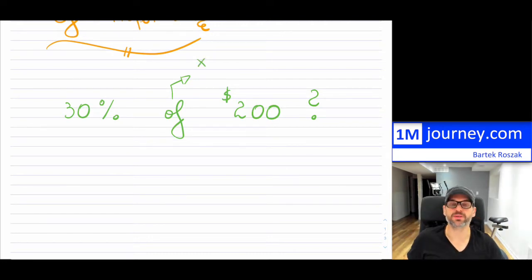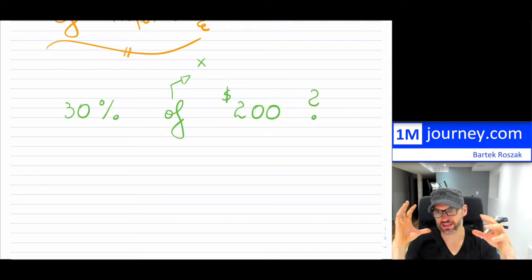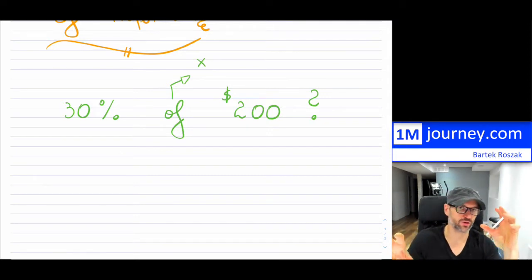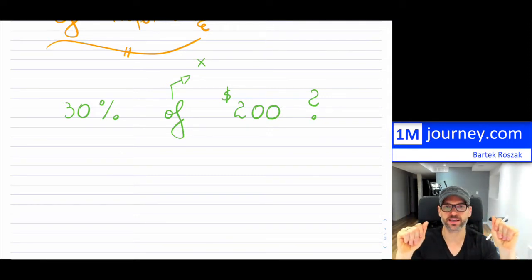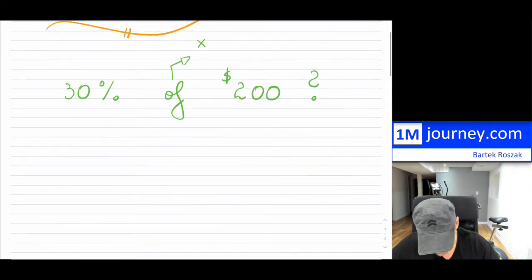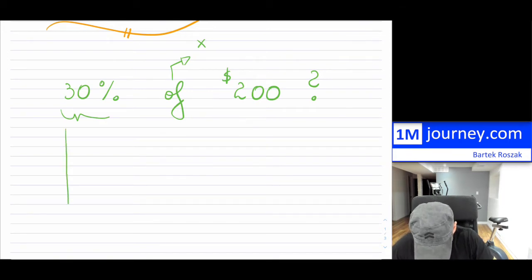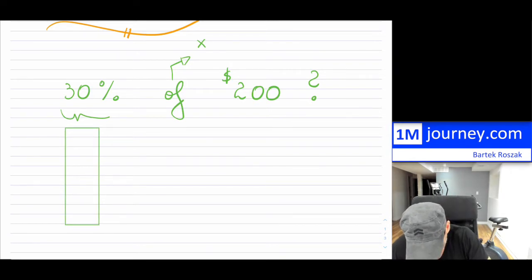Now, let me just visually show you these 30% or a quarter of something, so that you can compare what we're trying to do. So if you have this 30%, you know that 30% is typically scaled on a scale of 1 to 100, where this would have been 100%, and this is 0%.